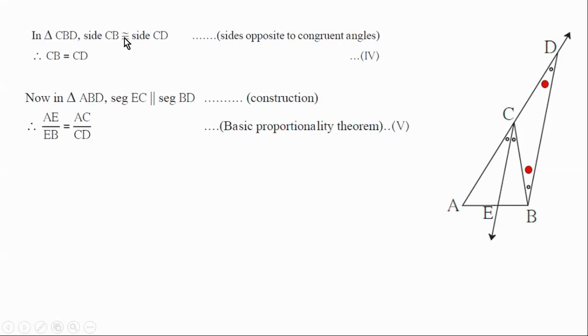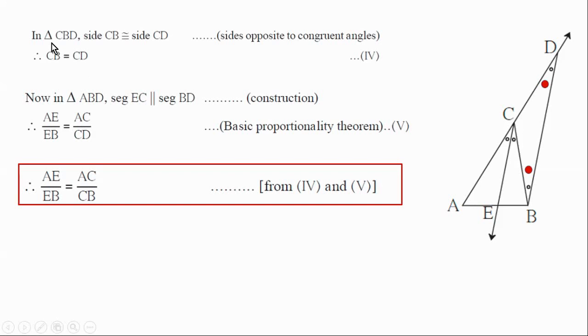Now, as you know that CB is equal to CD, this CD is going to be replaced with CB, so that we get AE upon EB is equal to AC upon BC.